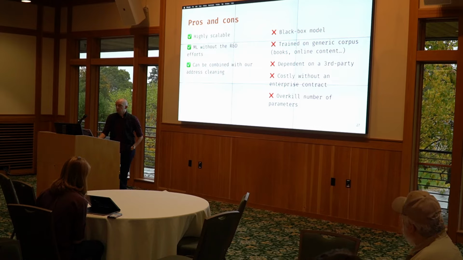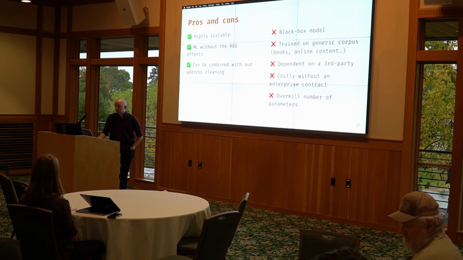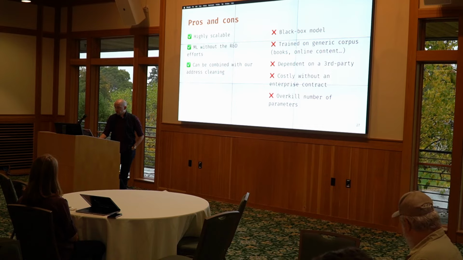But at the end of the day, it's a black box model. So we know that it was trained on a very generic corpus, so books, online content, etc. So that's not super applicable to our own data, that is very specific to a specific subset of text.